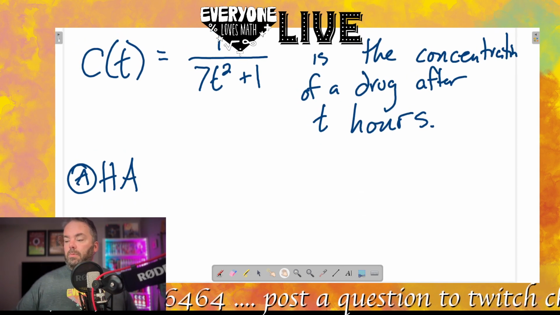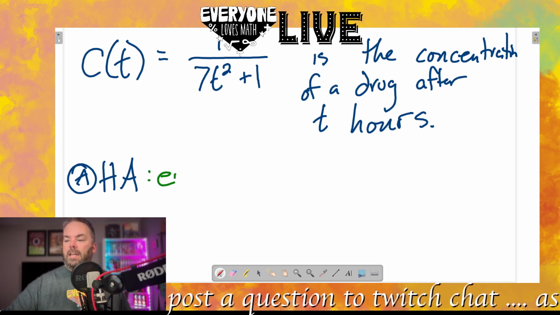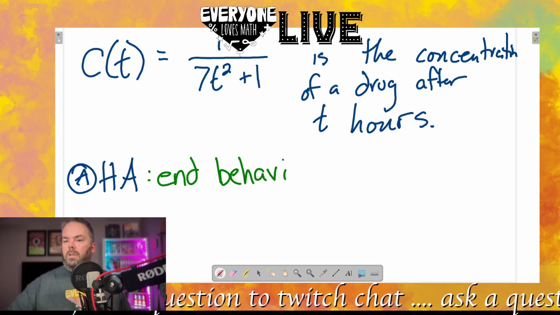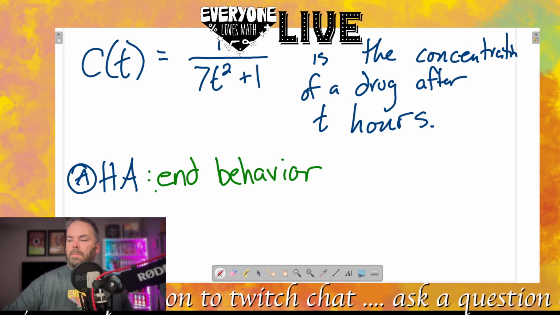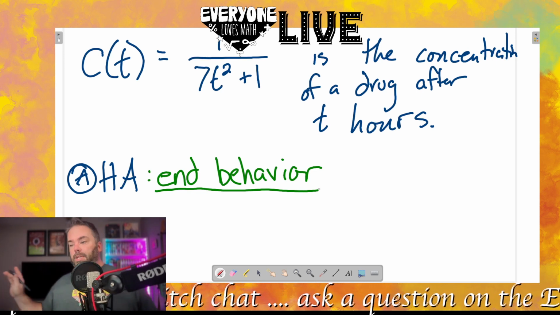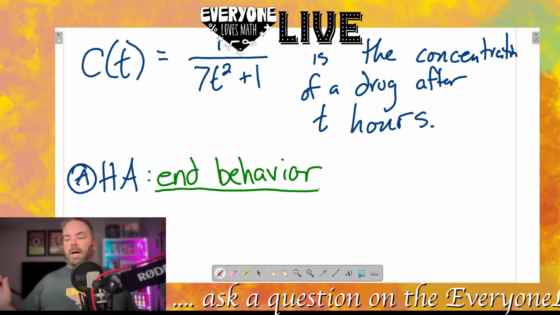So the very first thing we've got to remember is the horizontal asymptote is all about end behavior. Remember, horizontal asymptotes and vertical asymptotes have nothing to do with each other, so we want to separate those in our heads as far apart as possible.